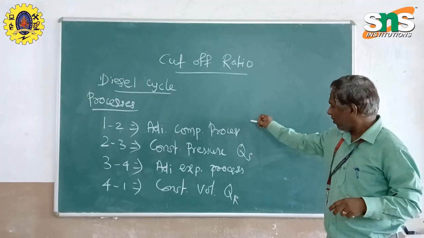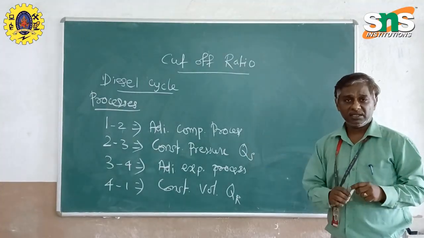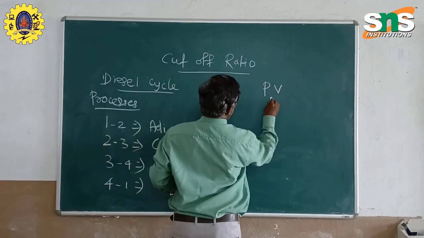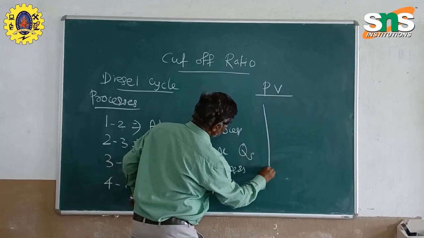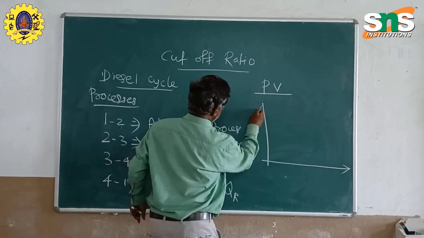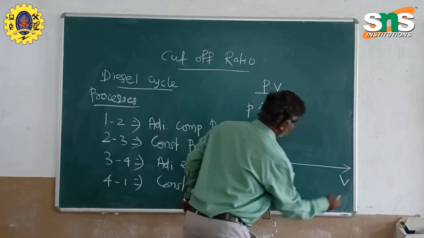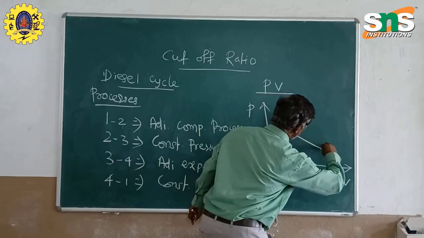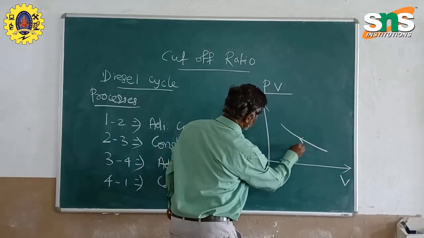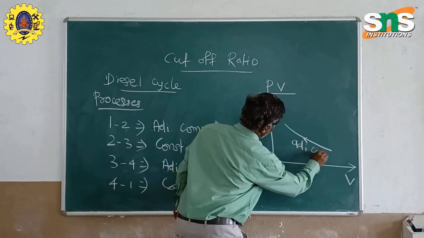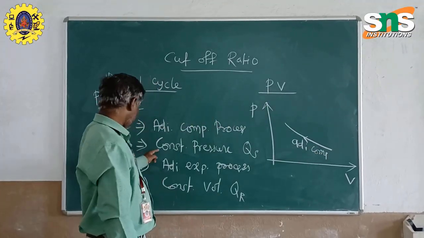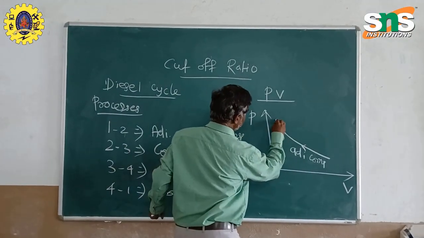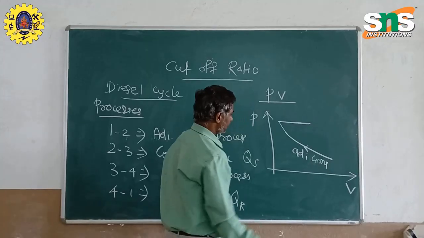So for that we have to draw the PV diagram, pressure versus volume. Usually the first process is adiabatic compression, and the next one is the constant pressure heat addition process.